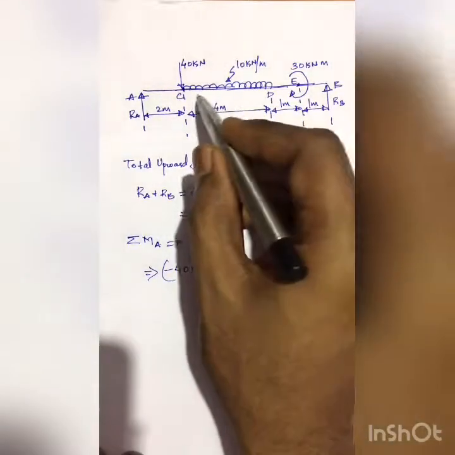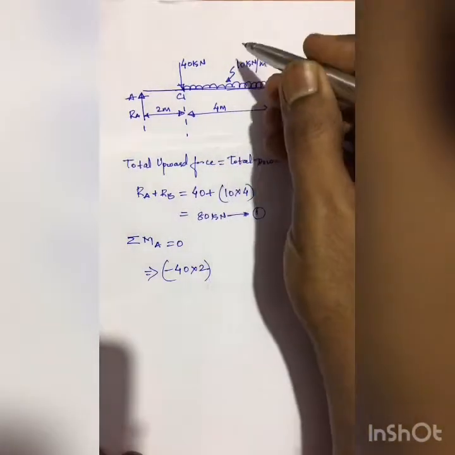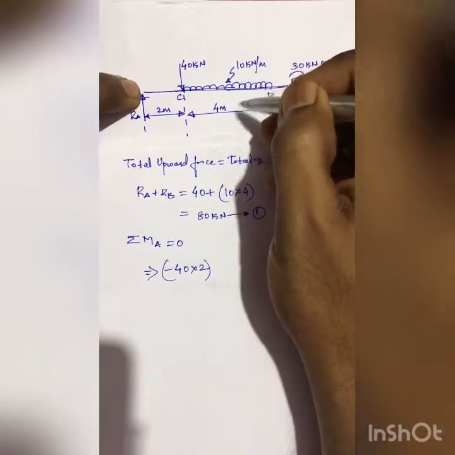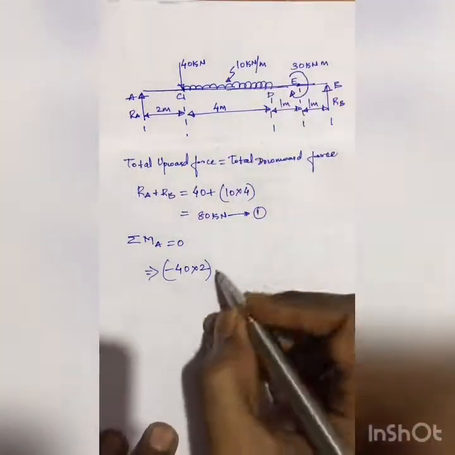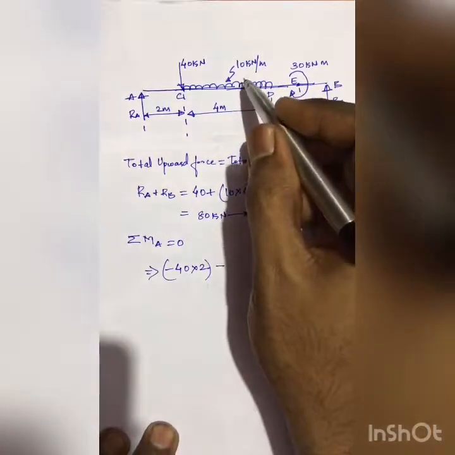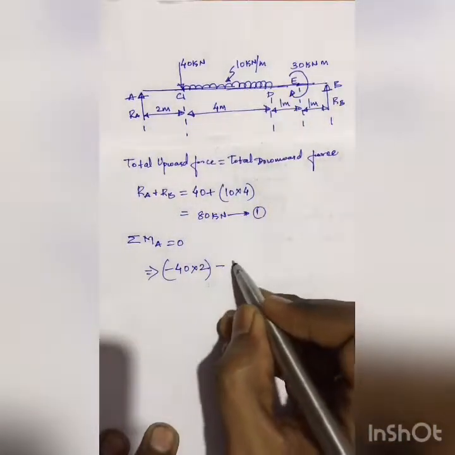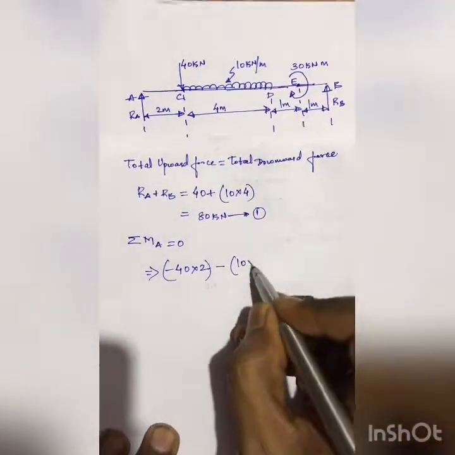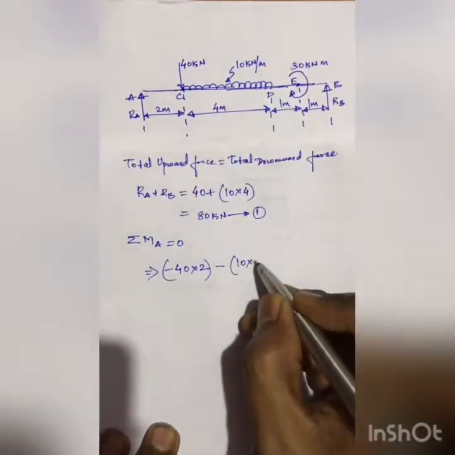Next, I need to consider this UDL. This UDL also acts in the downward direction, and it also creates a clockwise moment, and hence that also is negative. Minus of, at first I convert this into load by multiplying the intensity by the length 4.